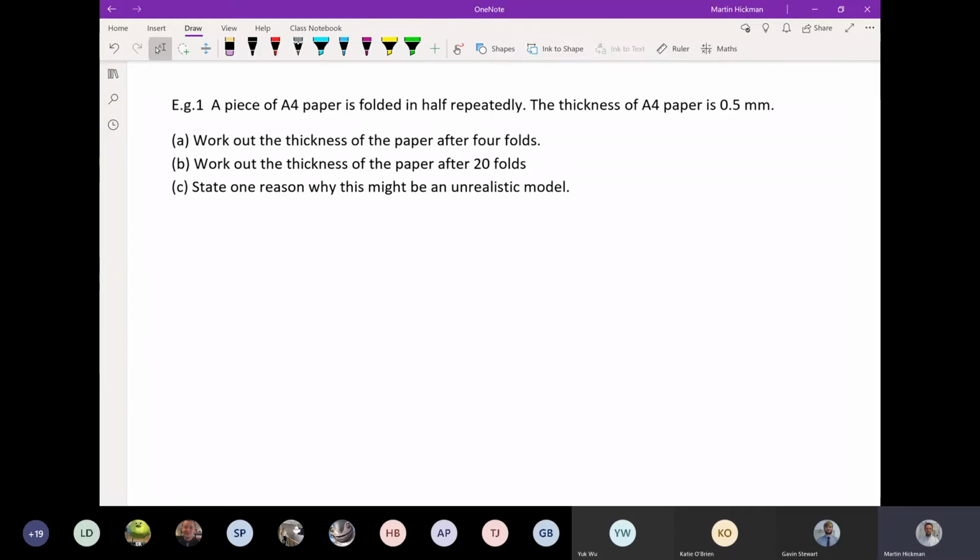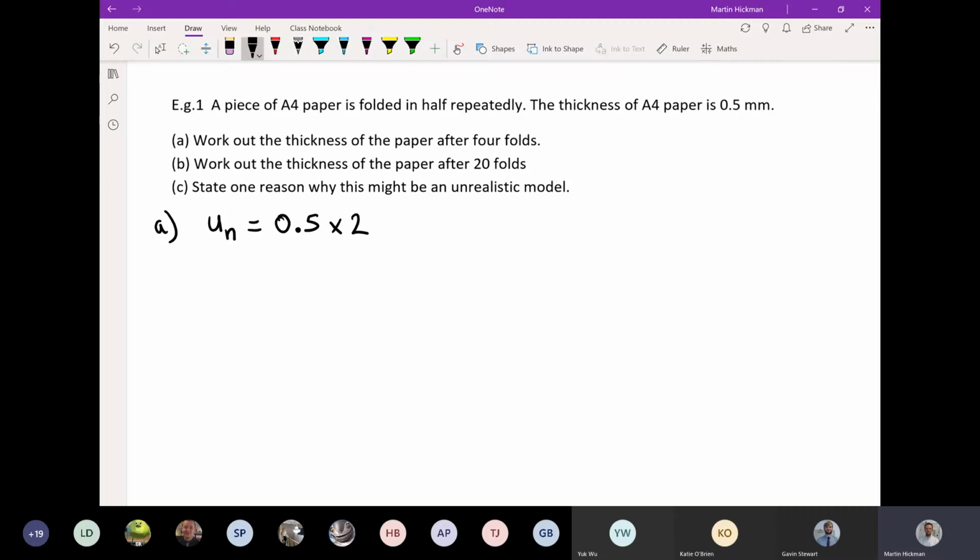So this first problem is very similar to what we looked at the start. So first question is, work out the thickness of the paper after 4 folds. In this question, we're told the thickness is 0.5 millimeters. So for the first question, we're going to set up a formula here. To find our nth term, we have our first term, which is 0.5, and then we times it by the common ratio.